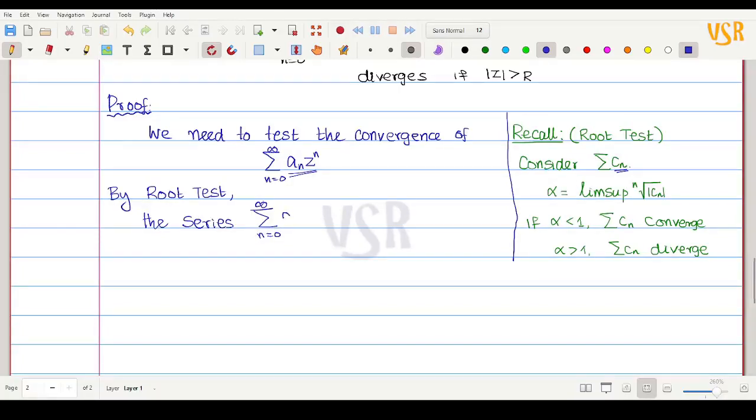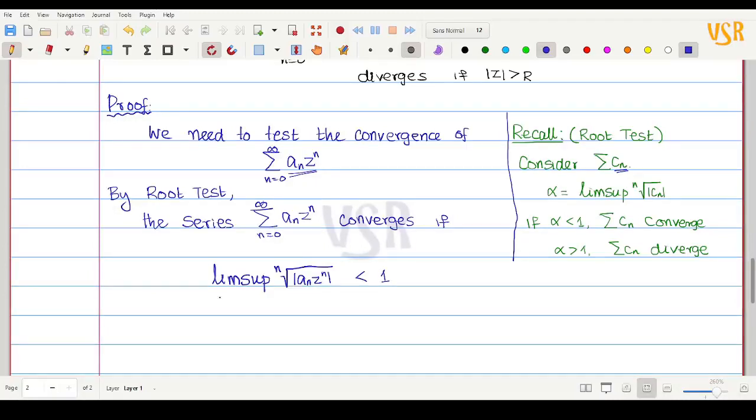The series summation n equal to 0 to infinity a_n z to the power n converges if, இந்த இடத்துல c_n இருக்க வேண்டிய இடத்துல நான் a_n z power n இருக்கு, அப்போ if limit supremum of nth root of modulus of a_n z to the power n is less than 1 ஆக இருந்தா இது கன்வர்ஜ் ஆகும்.